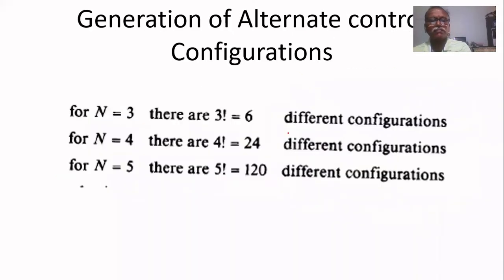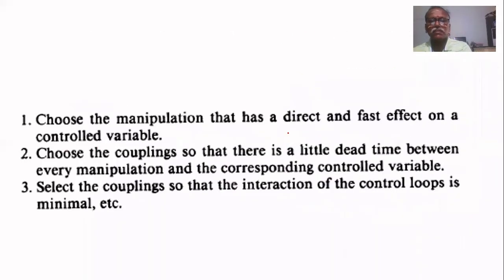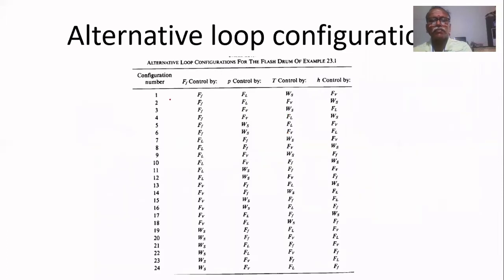Based on that, yesterday we have discussed that for the four process variables, flow rate, pressure, temperature, level, all the four variables have to be controlled.